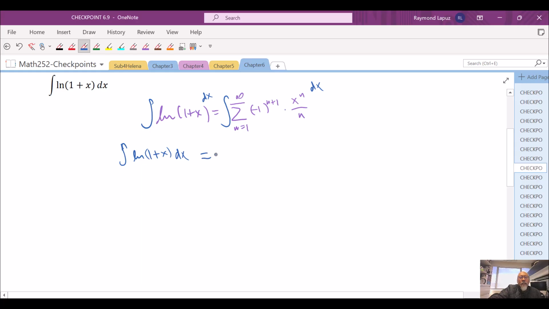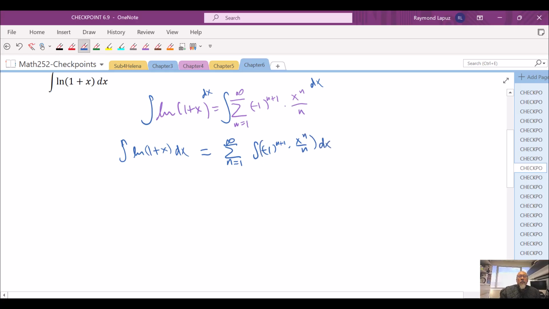And what that tells us is that we know that the integral of a sum is a sum of the integrals. And so let's just take the sum of each of these integrals of -1 to the n plus 1 times x to the n over n dx.